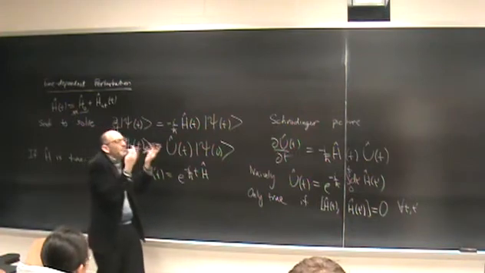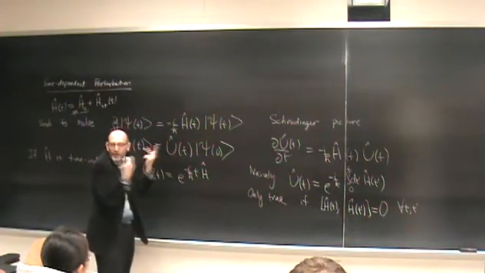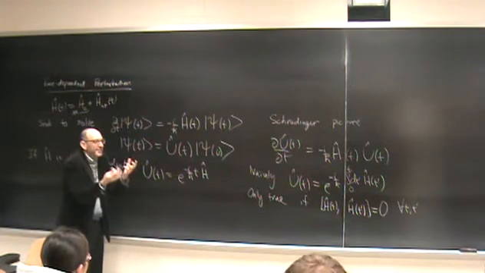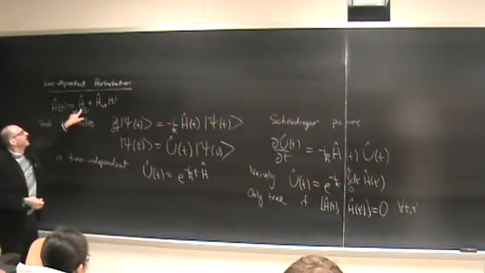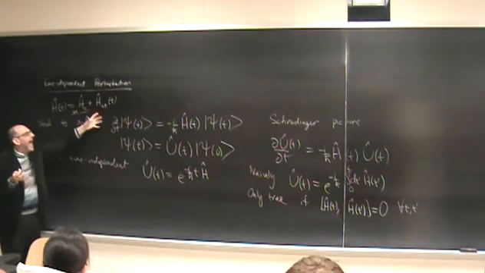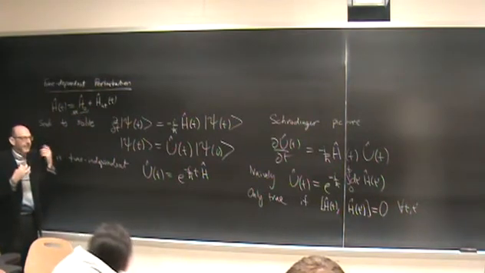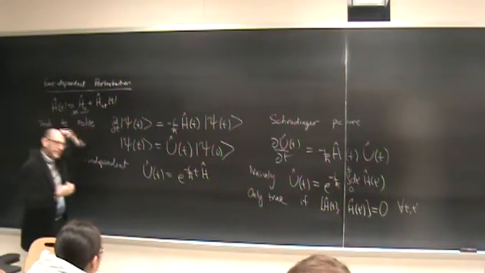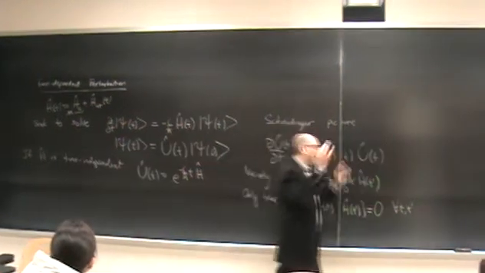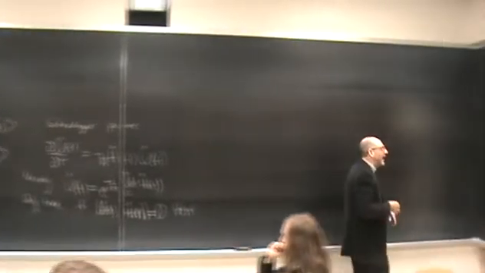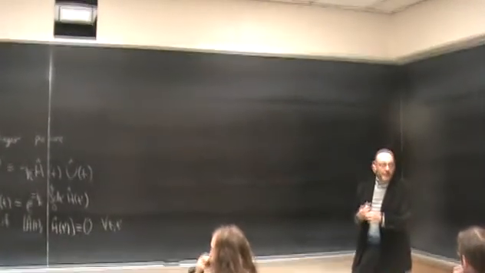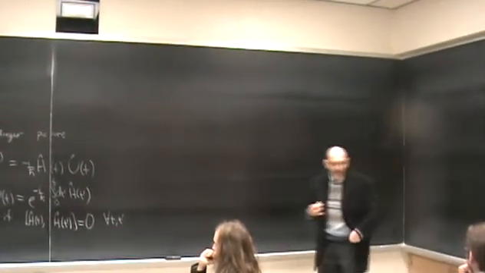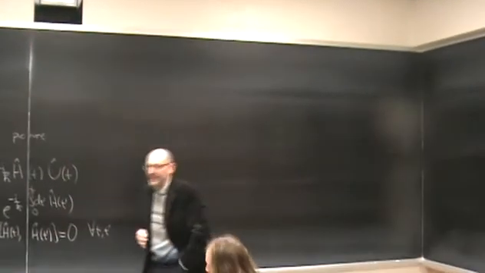Now we want to go partially there. We're going to take part of the time evolution out of the states, the part that has to do with the free evolution, the evolution in the absence of the interaction, and put that in the operators, and still leave this part in the states. So let me remind you about the Schrödinger picture, the Heisenberg picture, and now what we're going to talk about, the interaction picture. Okay? It's kind of an intermediate.